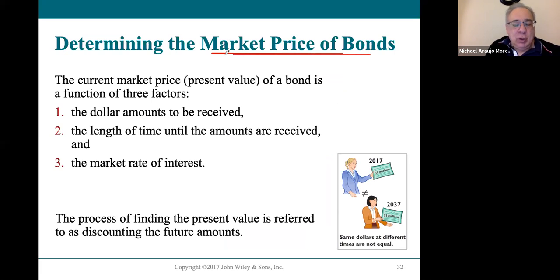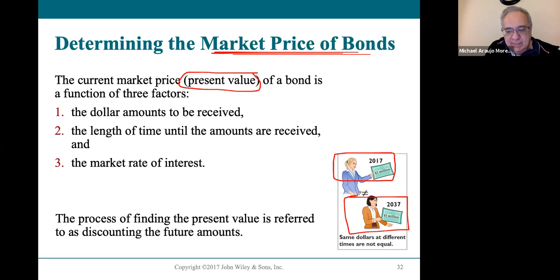Okay. So basically speaking, we use present value tables to help us understand what the market price of a bond is. In other words, if you're borrowing money this year, but you're not paying it back until 2037, you owe so much money and so much interest over time.